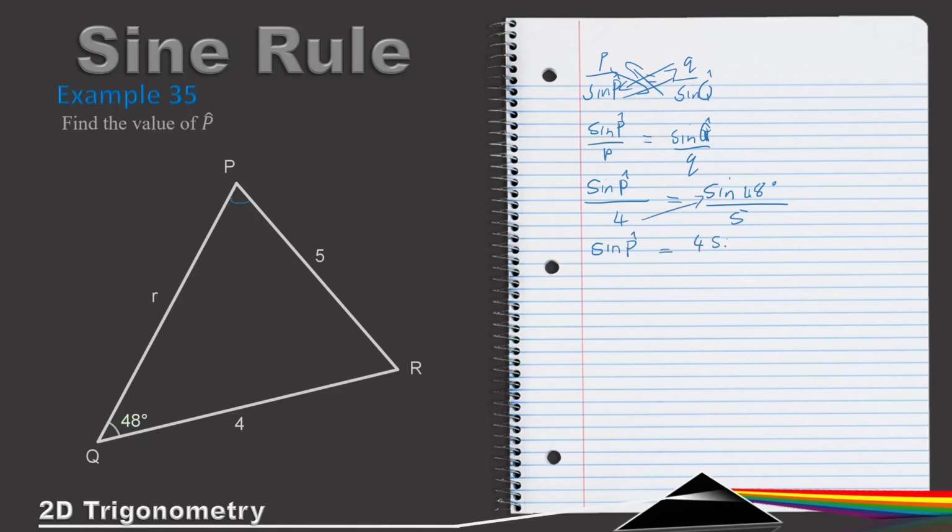So 4 sine 48 degrees over 5. And then finally, to get rid of the sine, I take the inverse of sine. So angle P is the inverse of sine of 4 sine 48 over 5. And I would recommend you don't simplify this yet, just to keep your answer as accurate as possible. And just write the whole thing like that.